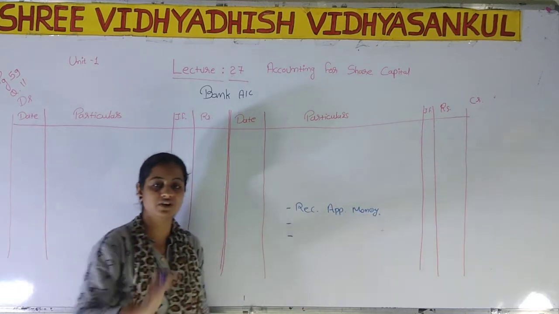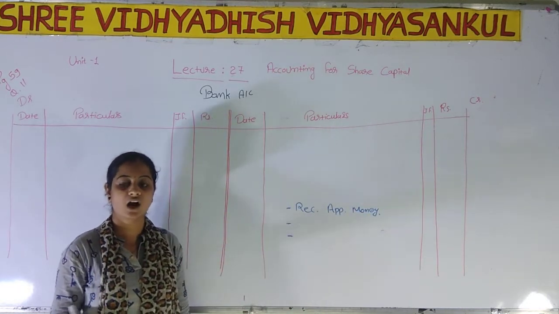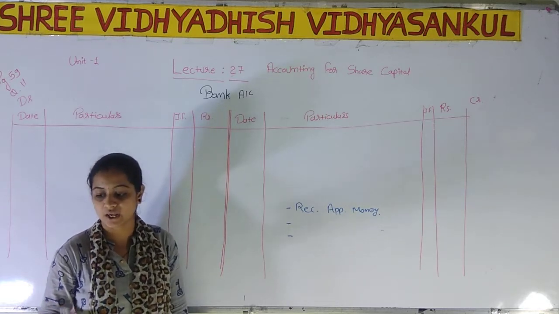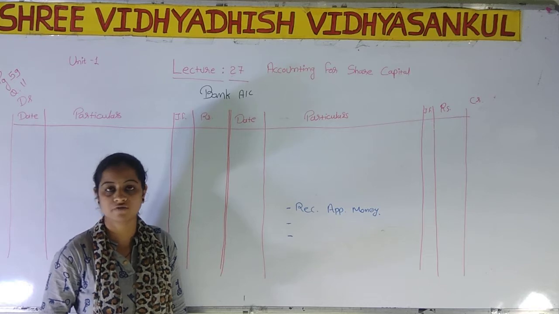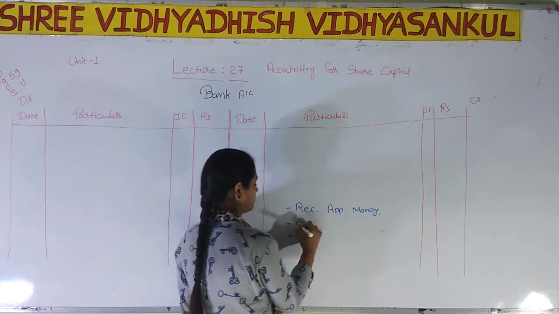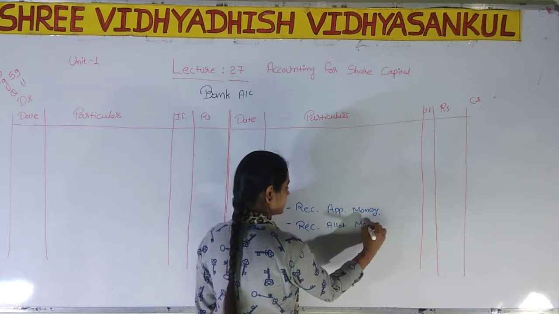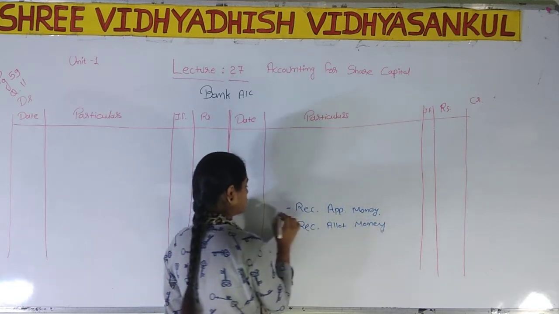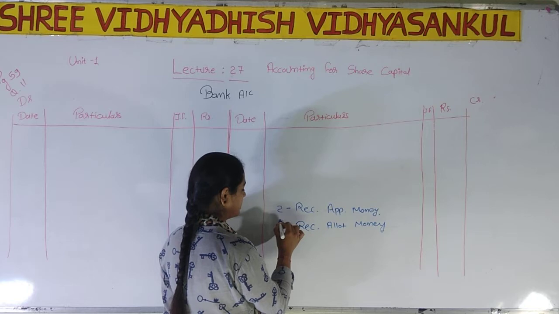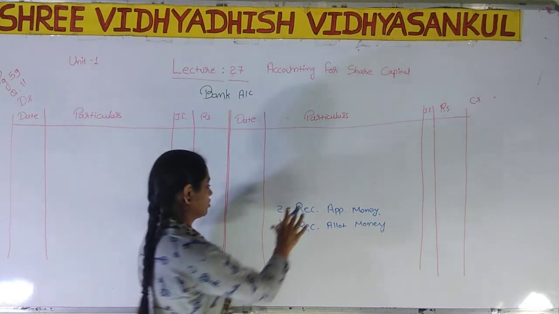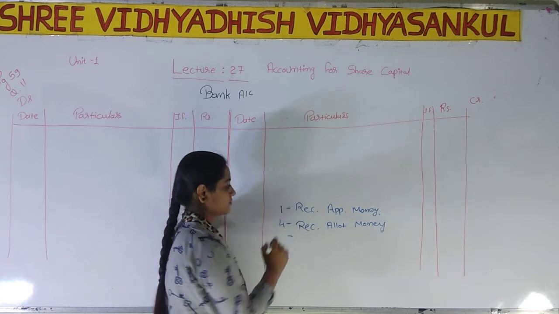Because when we are receiving application money, bank account will be debited. Then the second one is we have received the money of allotment. So receiving allotment money. Sorry, not second, this one will be first.